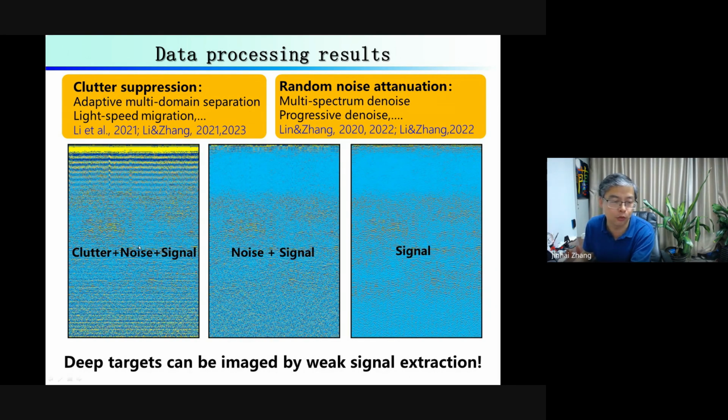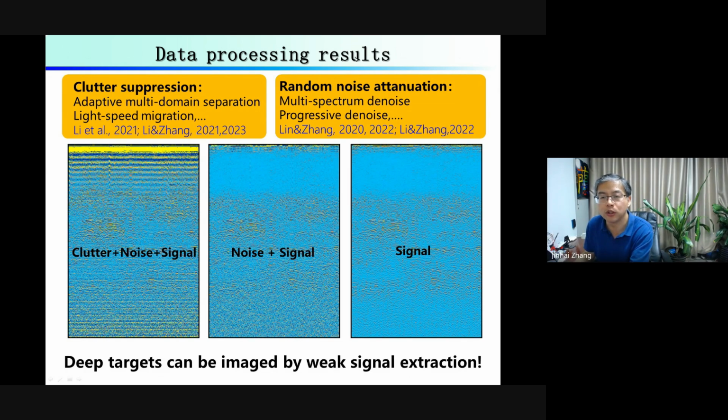That has nothing to do with the subsurface structures. Anyway, we have clutter, noise, and signal, the sum of these three. After using our method, we can remove most of the clutter and obtain noise plus signal. However, we can still see some strong random noise like here.